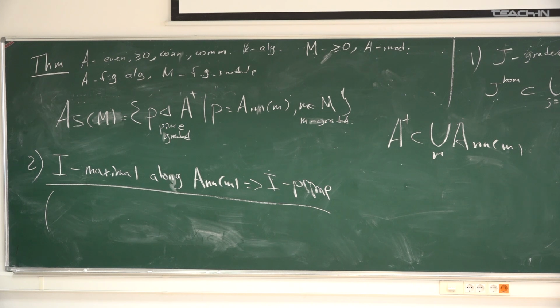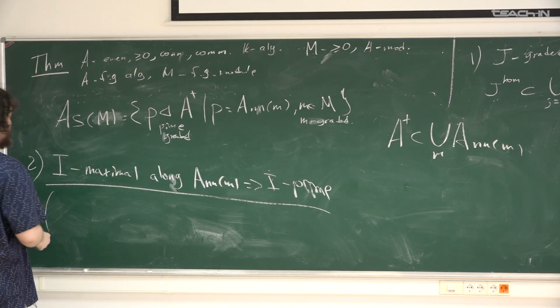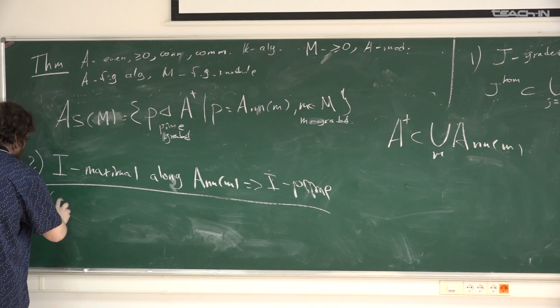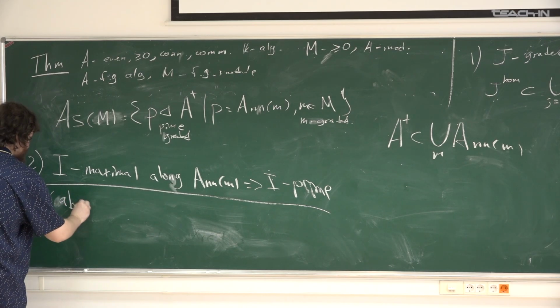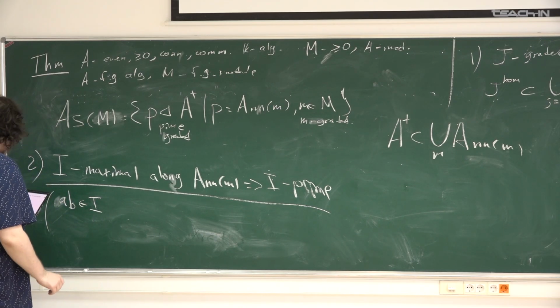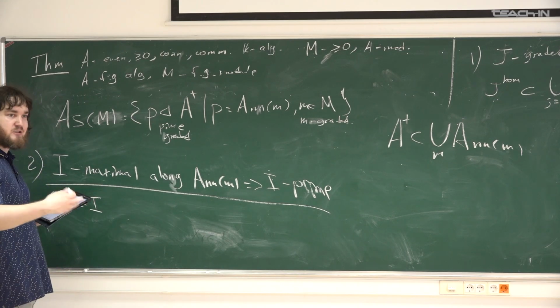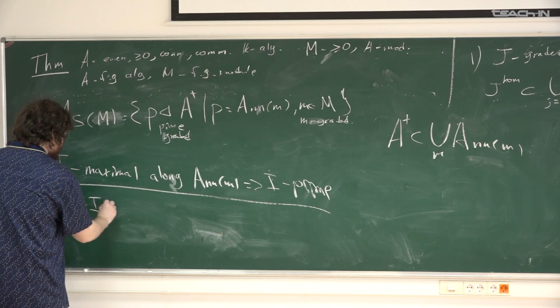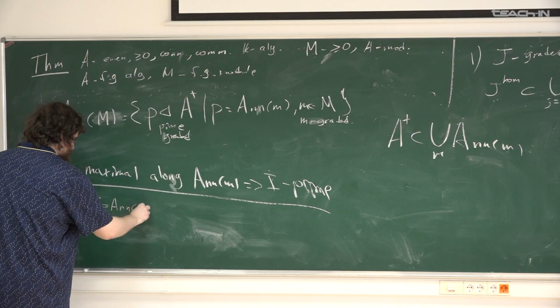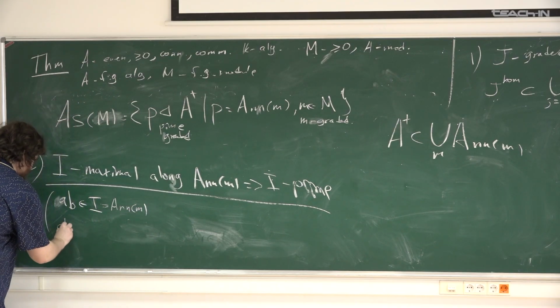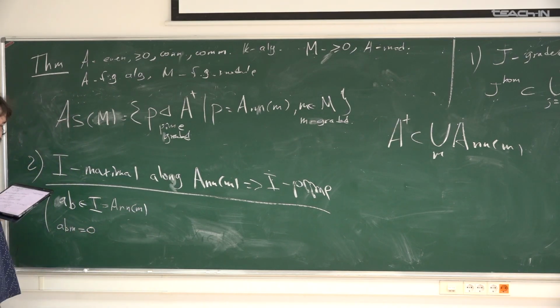Okay. By definition of primary, I have a, b in I. I is maximal among annihilators, so it's the annihilator of something. So I have a b m is 0.